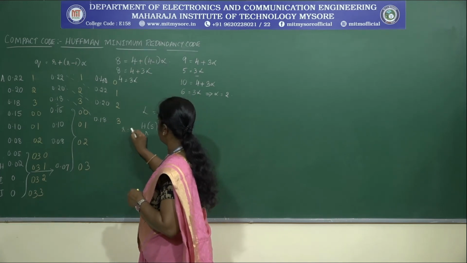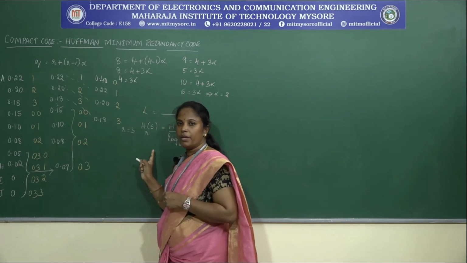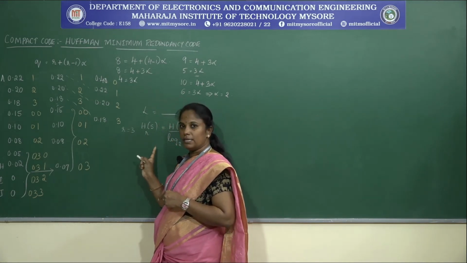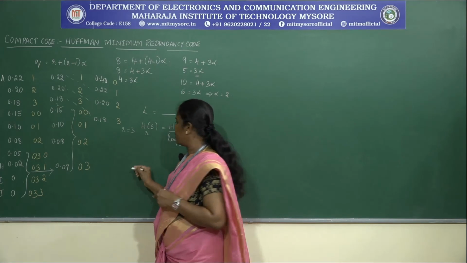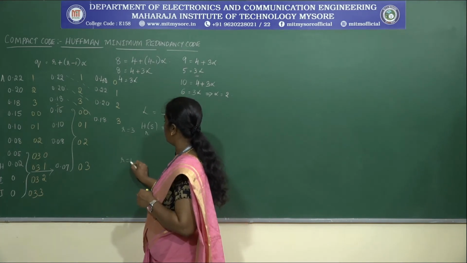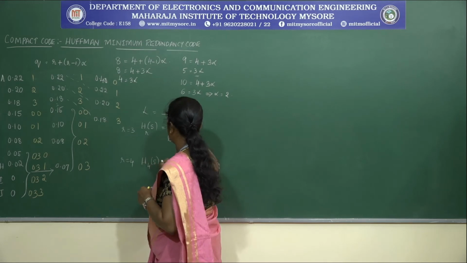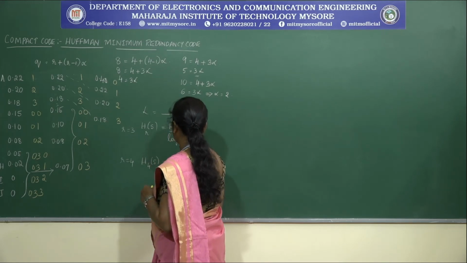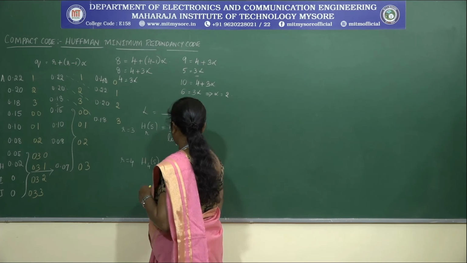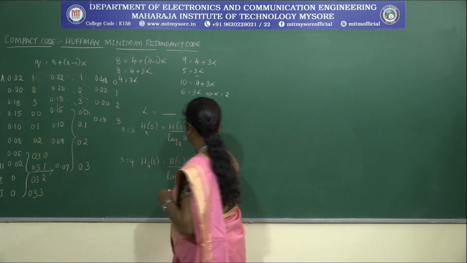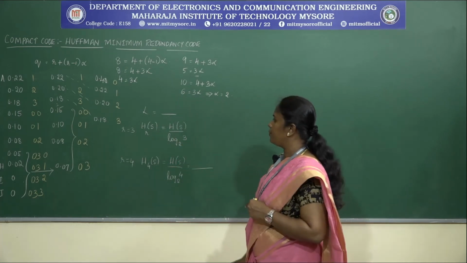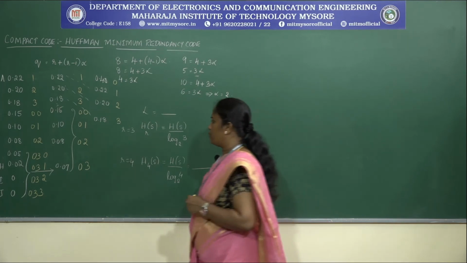This is for R is equal to 3, that means you need to perform H of S in this way in the case of ternary. Similarly for quaternary, R is equal to 4, that means H_4 of S is equal to H of S divided by log base 4.